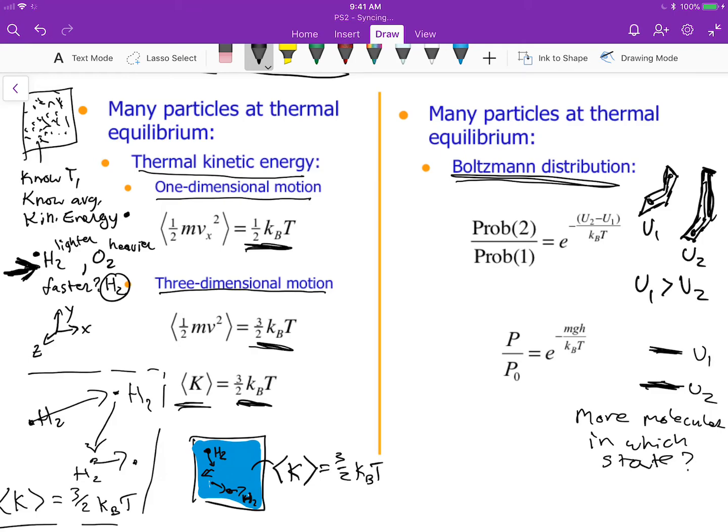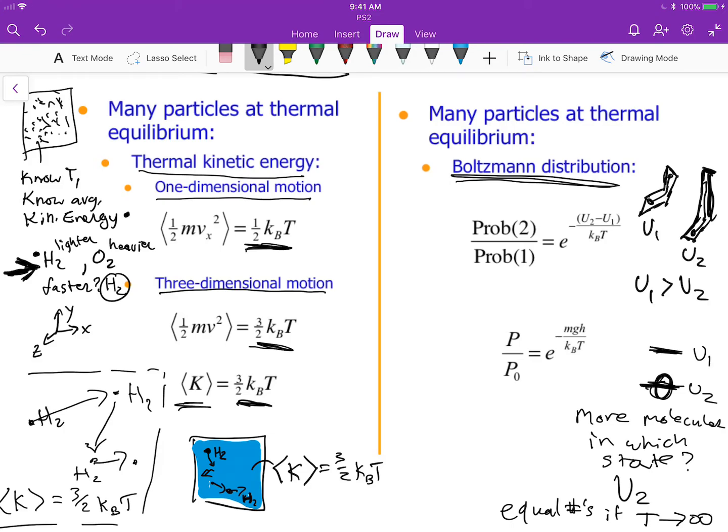Well, you will always have more molecules in the lower energy state. They always prefer the lower energy state. So you'll always have more in U2, but you can have them be equal if T is going to infinity.